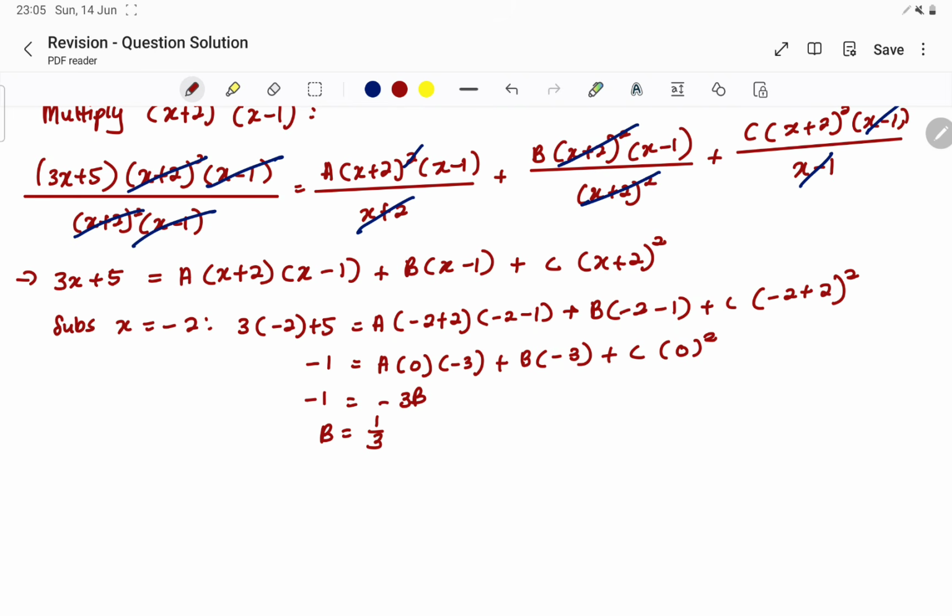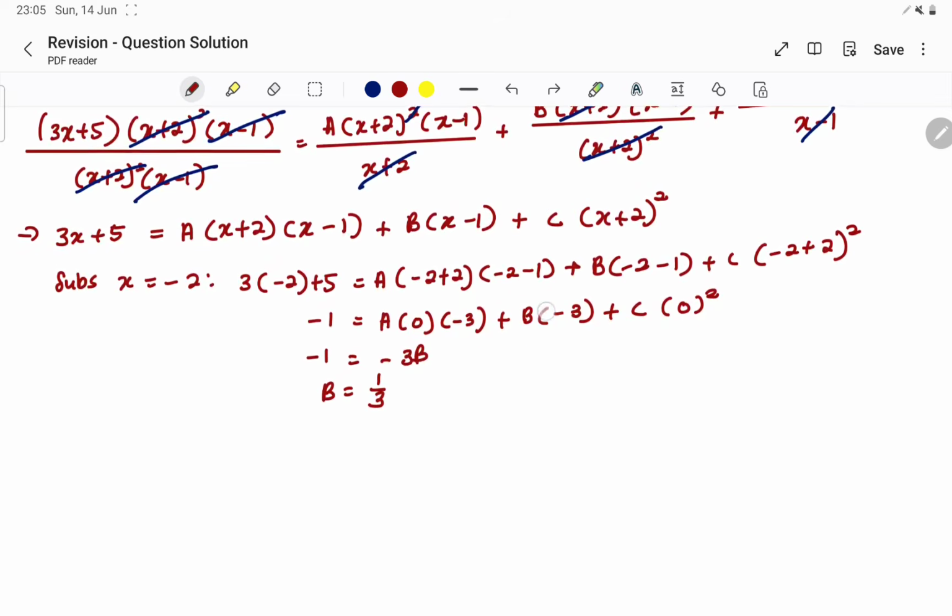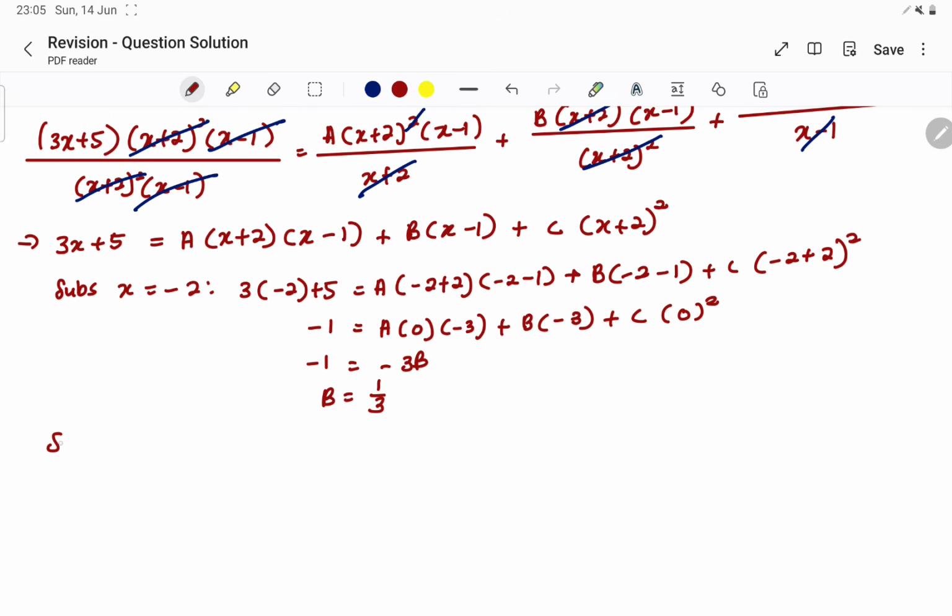Now we go to the next one. The next one, we have x minus 1. To make it 0, we can use x equal to 1. So substitute x equal to 1: 3 multiply by 1 plus 5 equal to a(1 plus 2)(1 minus 1) plus b(1 minus 1) plus c(1 plus 2) square.